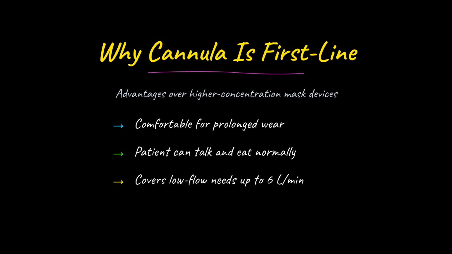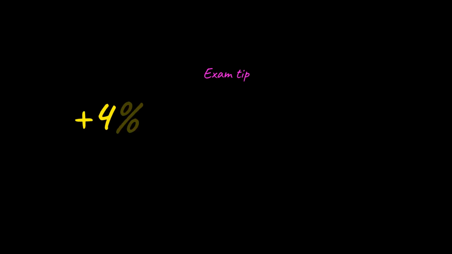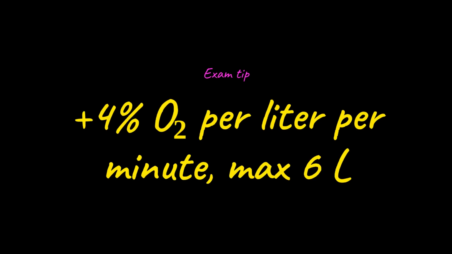Masks are only escalated when the cannula cannot achieve the target concentration, since they interfere with communication and nutrition. When you see nasal cannula on an exam, apply the 4% per liter rule. Any answer below 21% or above 44% is outside cannula range and should be eliminated immediately.